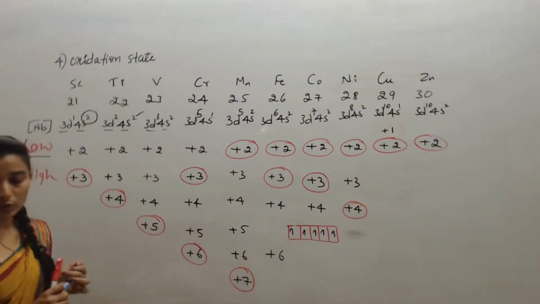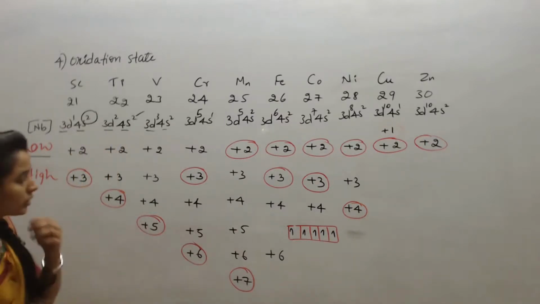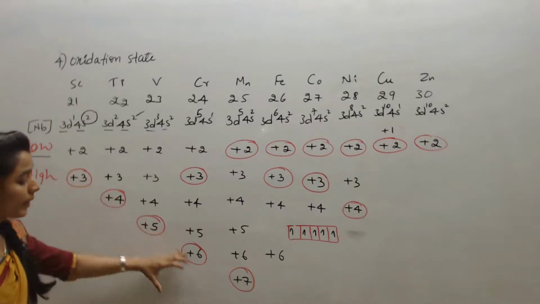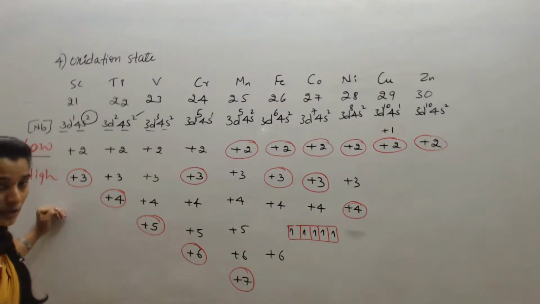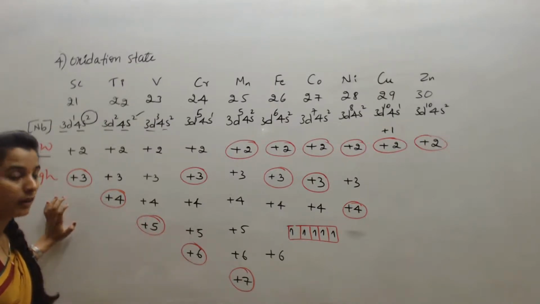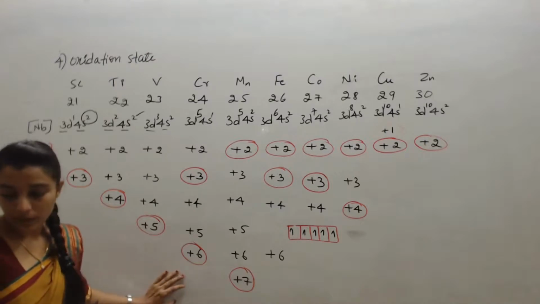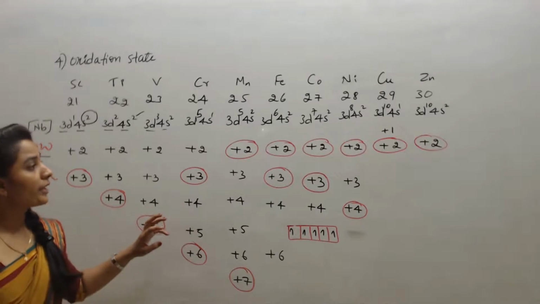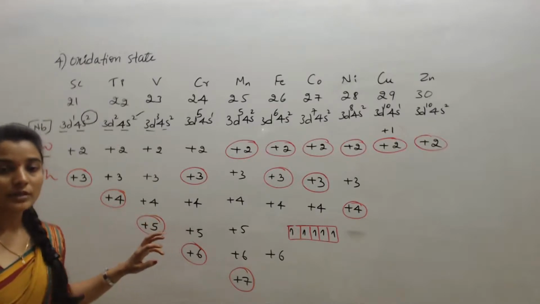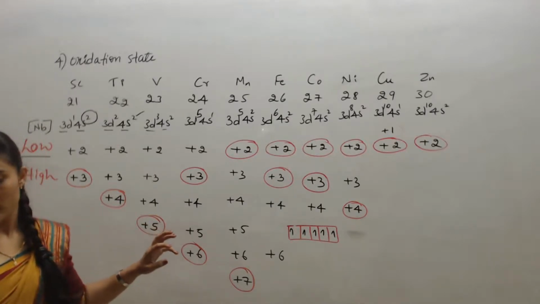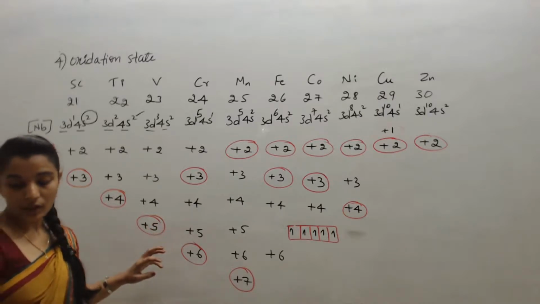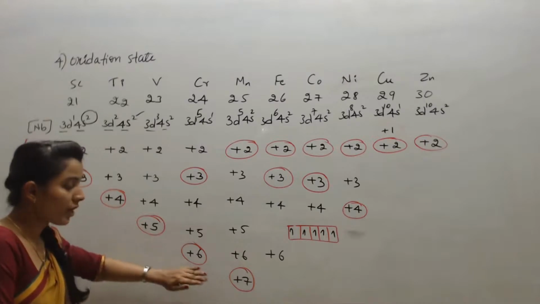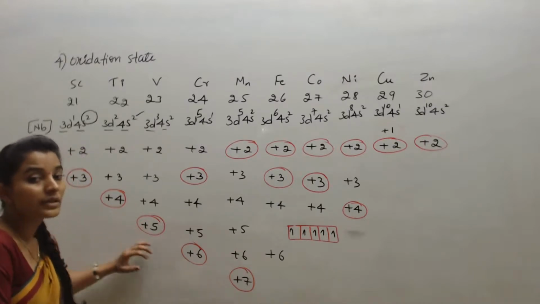Okay, this is about the oxidation state. So all the compounds formed by these higher oxidation states are highly stable. For example, if any oxides, sulfides, or chlorides are formed from these elements, then what are they? In the higher oxidation state, if oxides form, then they are acidic in nature.